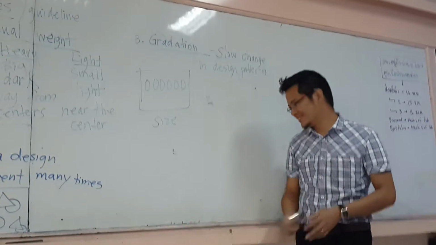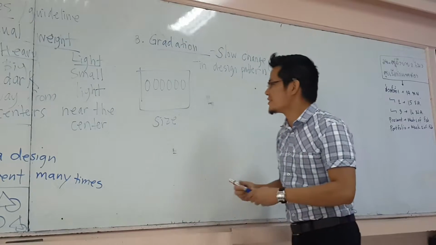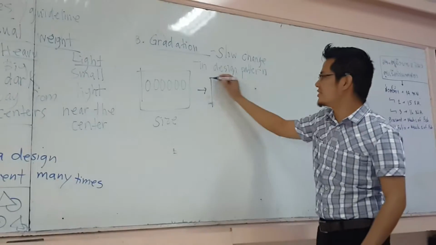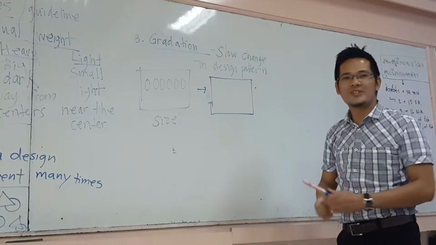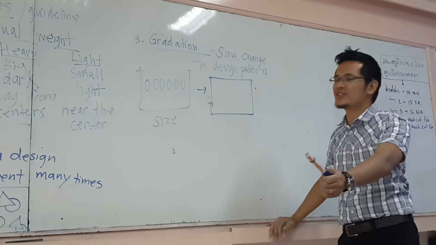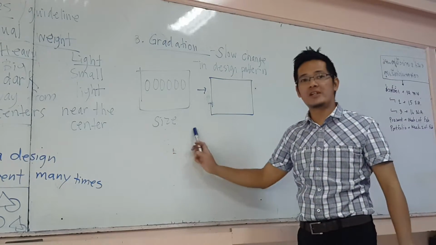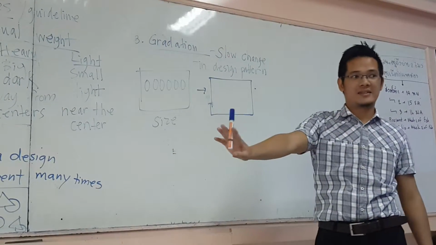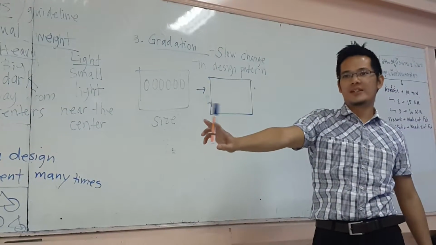Okay, come back. Right. So this picture needs some gradation, so that it's not boring. So what will you do? So we want to create a change in size. Slow change in the size.